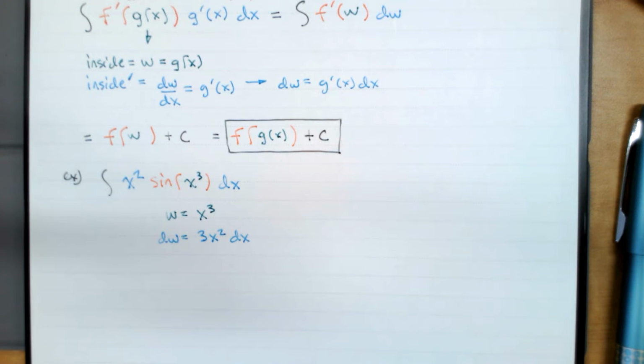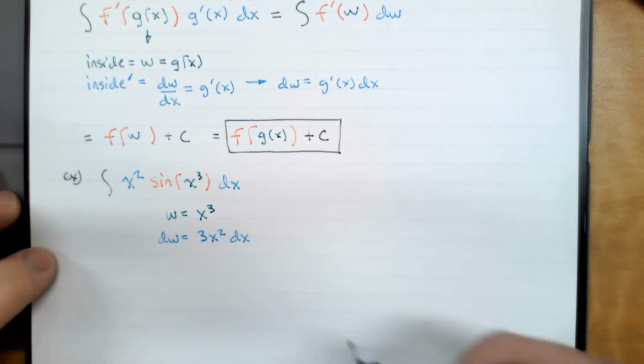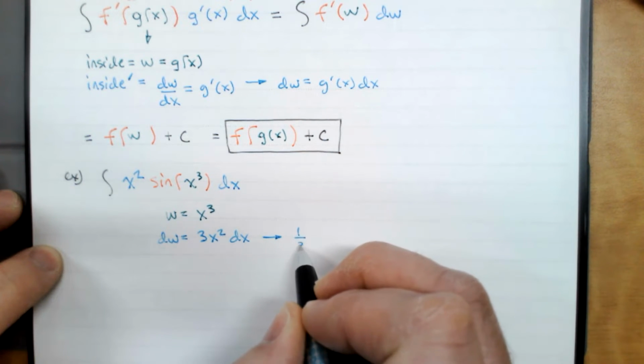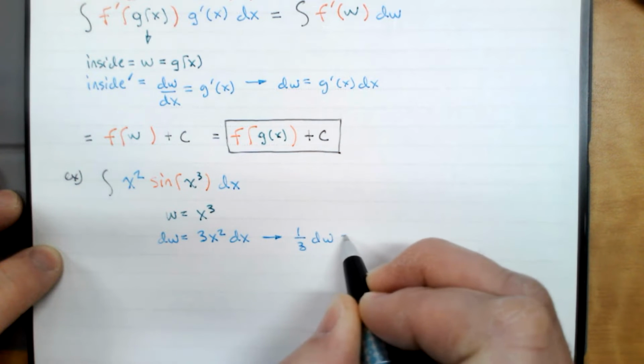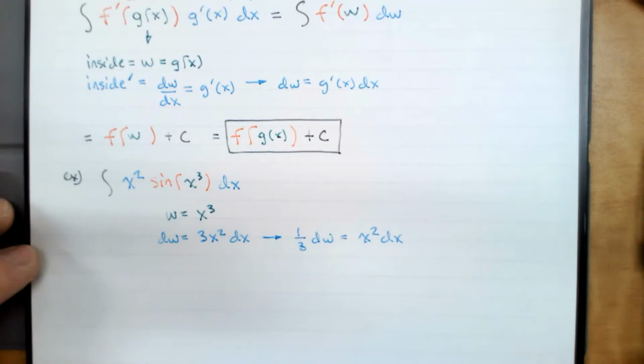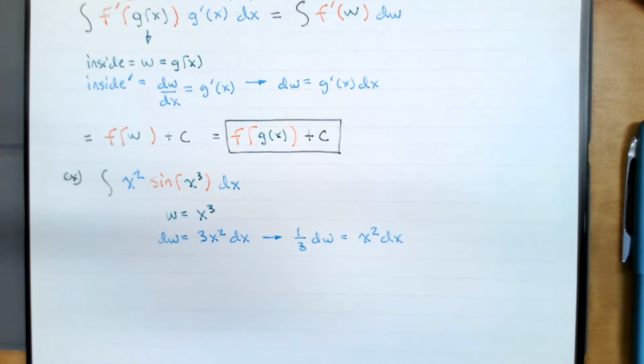I look at my integral and say, I need to replace this x squared dx with the dw. But 3x squared dx is 1 dw. So I'm going to divide both sides by 3. I'm going to adapt this to fit what I have. So I'm going to replace x squared dx with 1/3 dw.